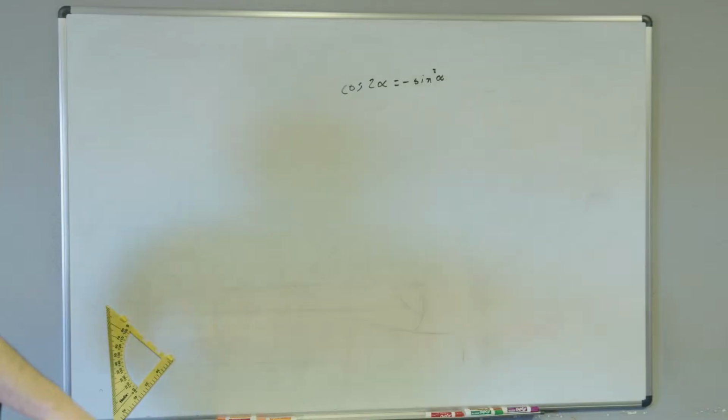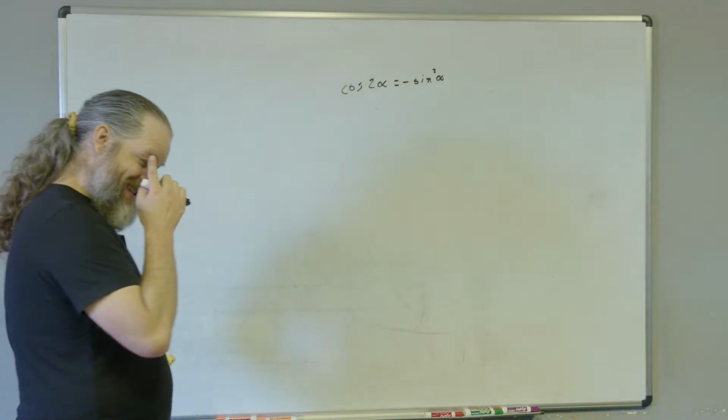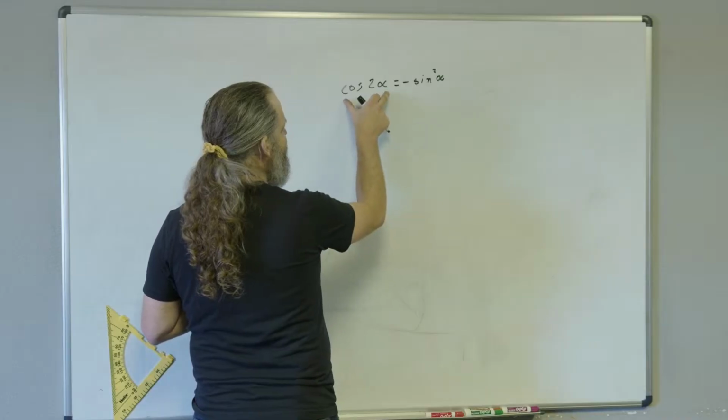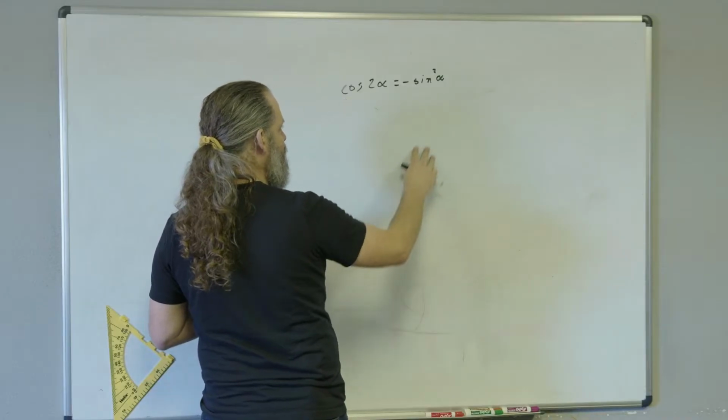Okay. Now what? Let's find out what cosine of 2 alpha is. We have a sine squared in here, so let's use cosine of 2x is 1 minus 2 sine squared. That's a good idea. We should use the identity to get this to sine, and then we've got the same trig function.